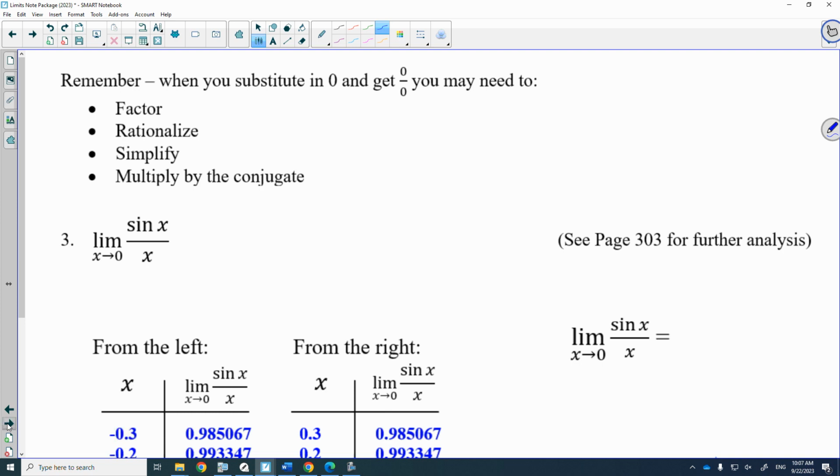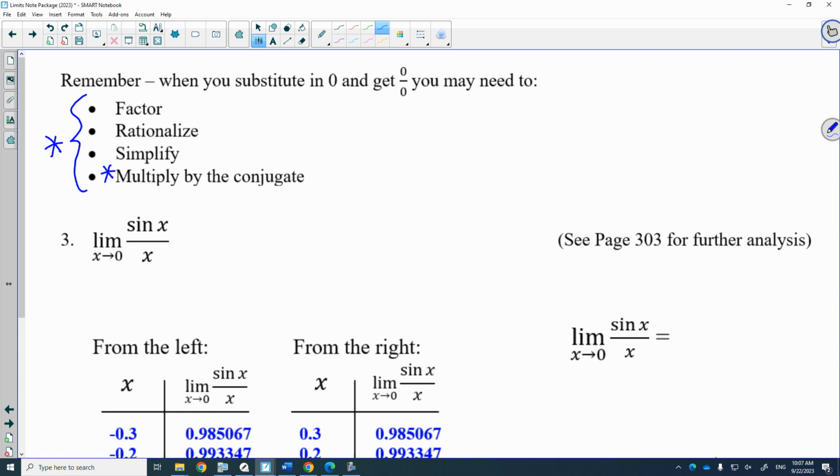What's going to happen when we do the limits of trig functions is we're going to get 0 over 0. We're going to be indeterminate in many, many cases. And remember from the beginning of limits, if we are indeterminate, we have to do a few things so that something will cancel and will no longer be indeterminate. With trig, we'll be factoring, rationalizing, simplifying.